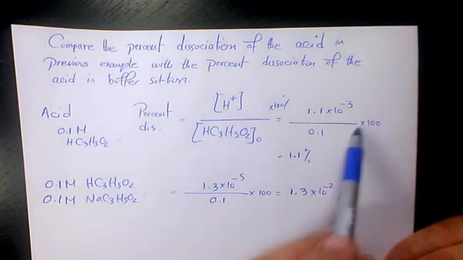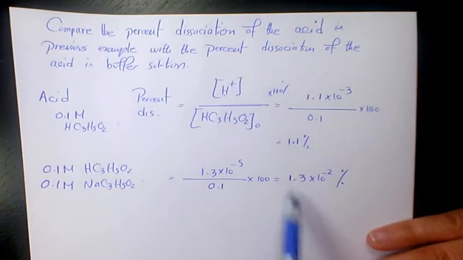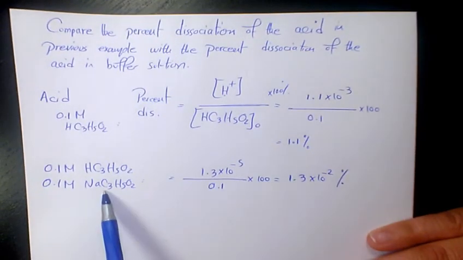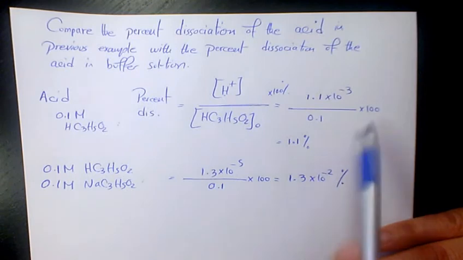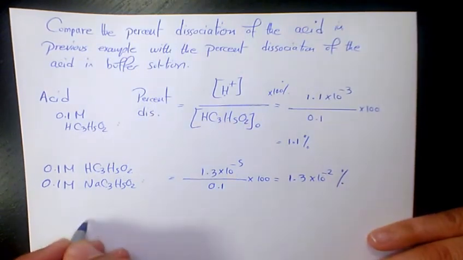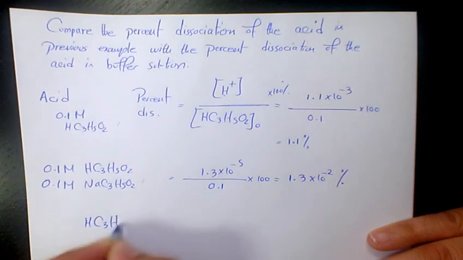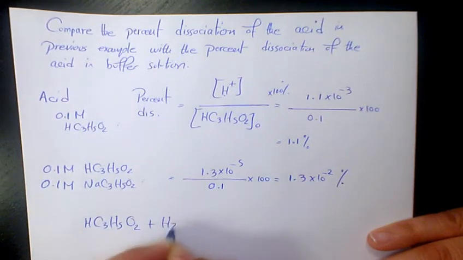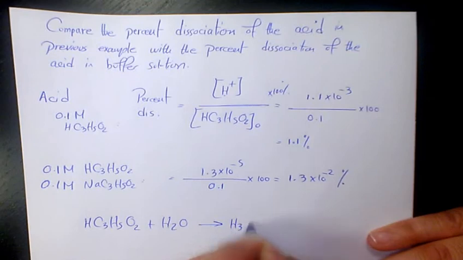So as you see here, in the buffer solution, we have a much lower percent dissociation. Why? If I write the equation, plus the conjugate acid.